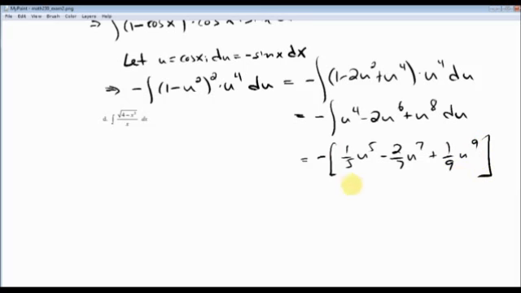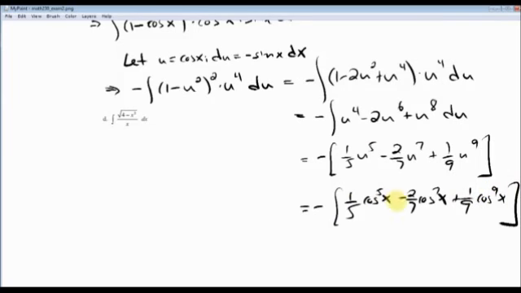And then since u was cosine, you can go back and plug in cosine. So 1/5 cosine to the fifth minus 2/7 cosine to the seventh plus 1/9 cosine to the ninth. And then you can throw in your plus c down there. Alright, we're going to move on to the next one.